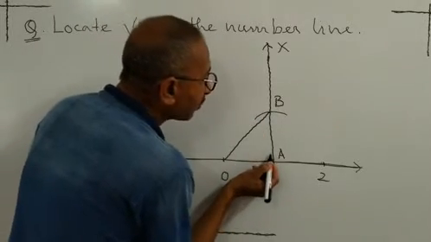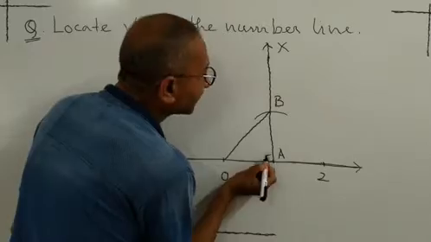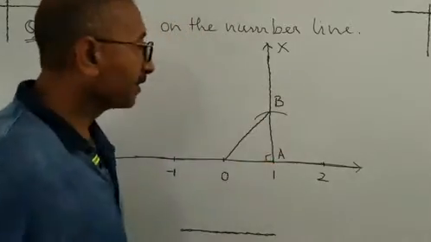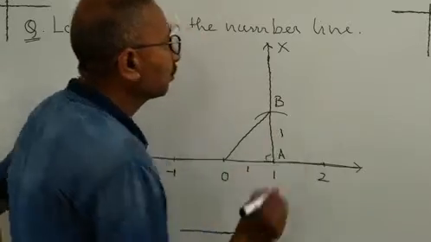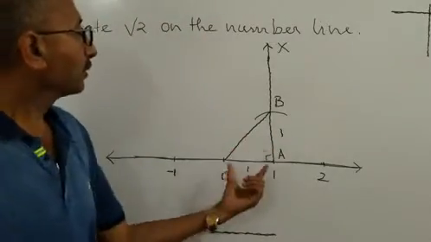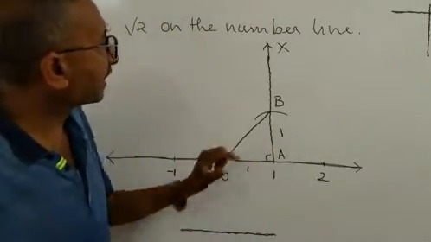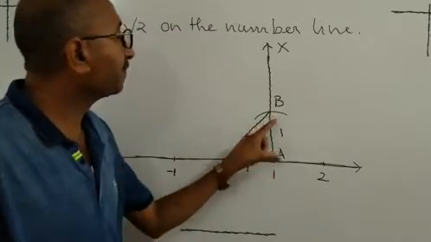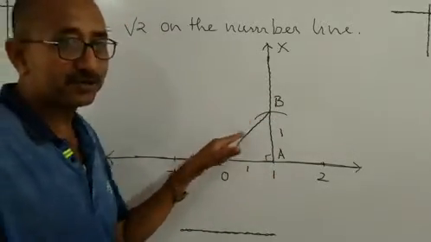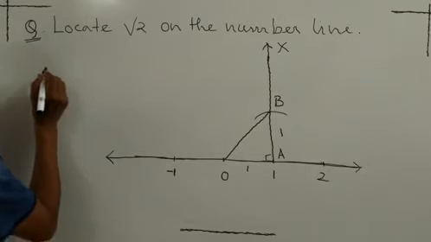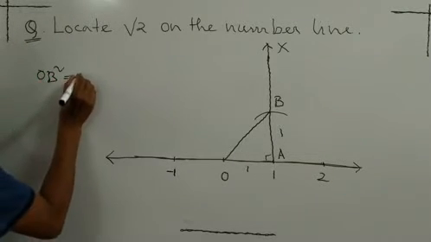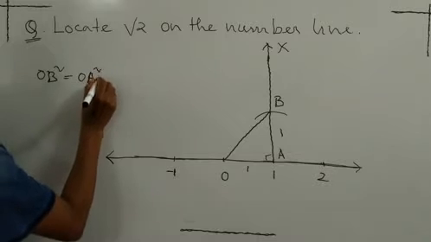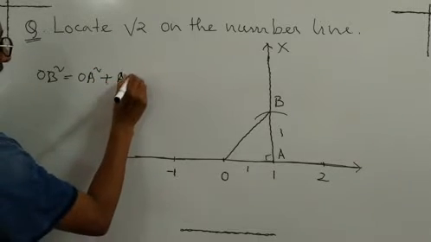What is this triangle? This triangle is a right angle triangle. In this right angle triangle, this length is 1, this length is also 1. So this is base, this is perpendicular. Base square plus perpendicular square is equal to hypotenuse square. So OB square is equal to OA square plus AB square.